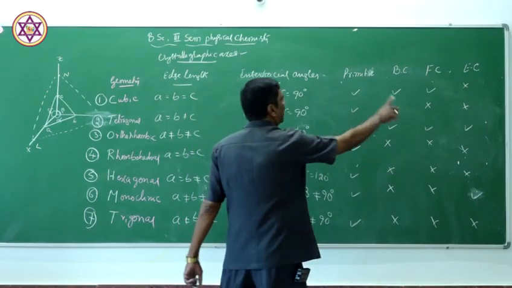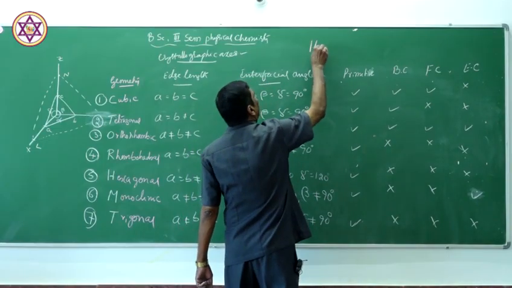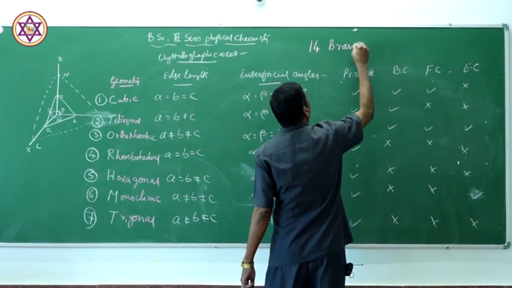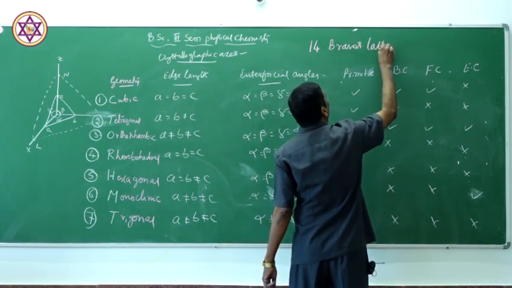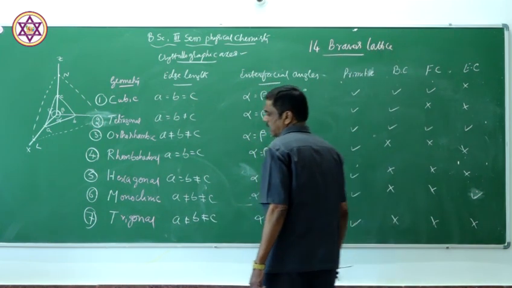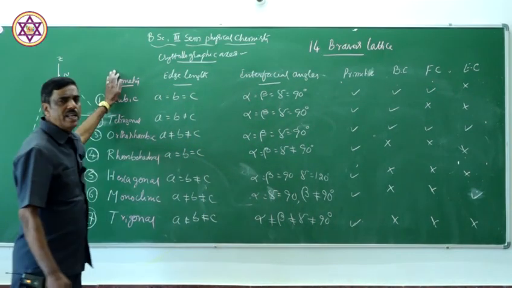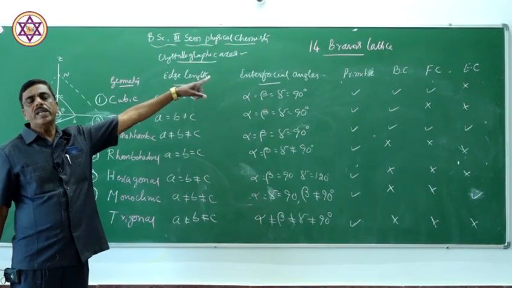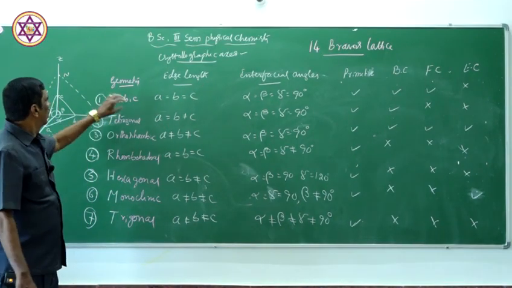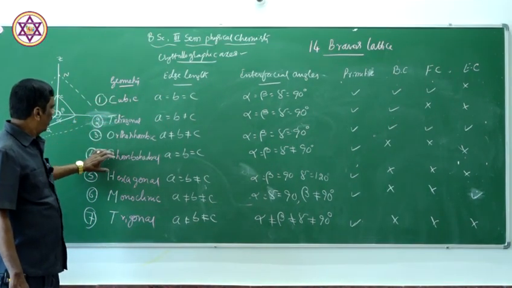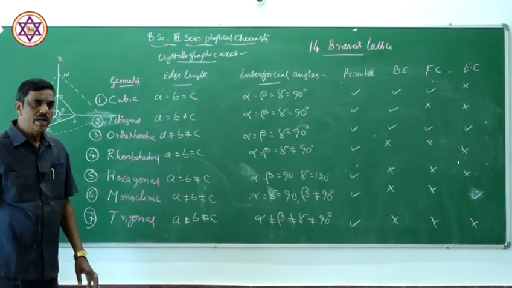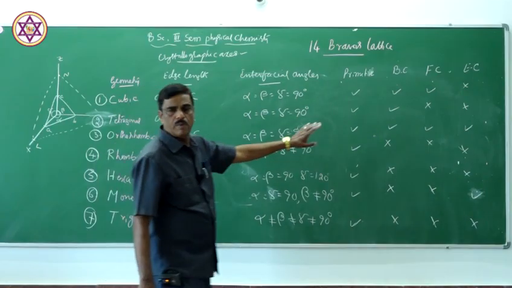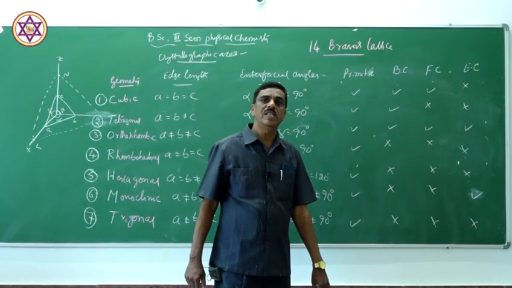Totally, if you count, there are 14 Bravais lattices in these 7 types of geometries: cubic, tetragonal, orthorhombic, rhombohedral, hexagonal, monoclinic, trigonal. The trick to remember is CT or HMT, and the number of Bravais lattices can be counted using another trick.